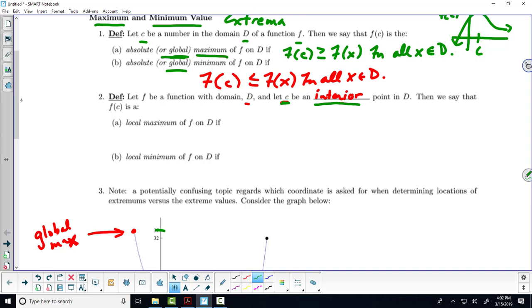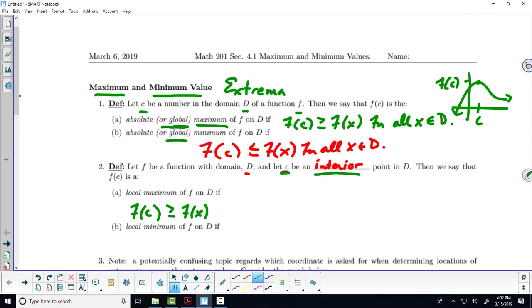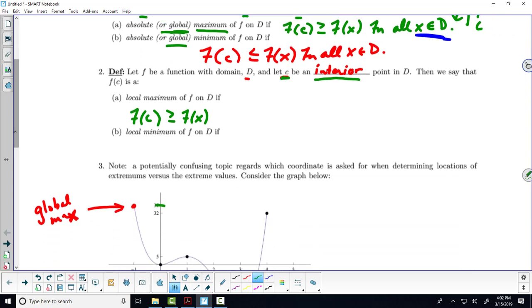Then we would say that f of c is a local maximum if f of c is greater than or equal to f of x, not for all x in the domain. This is where the definition is going to be different. Before, we said it had to be for all x in the domain. But here we're going to say for all x in some open interval containing c.